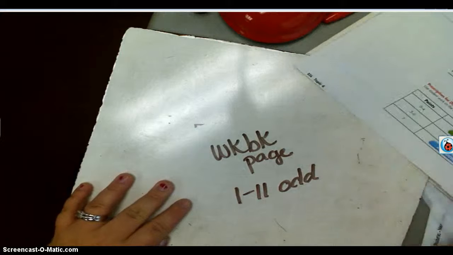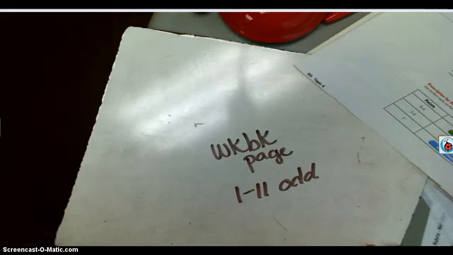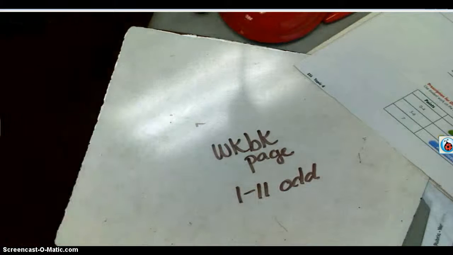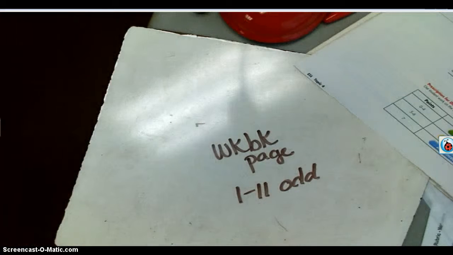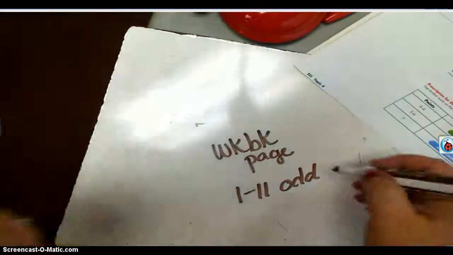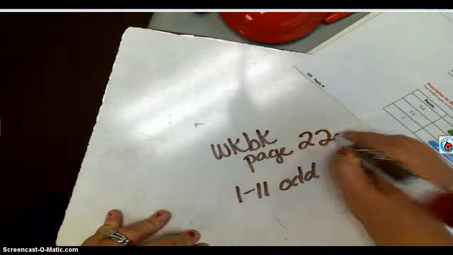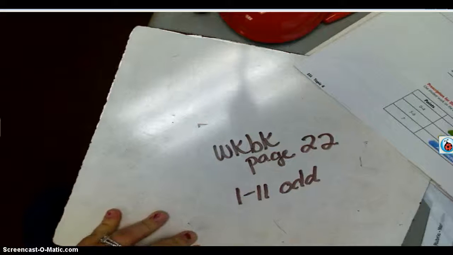We're doing the opposite operation. And that is the page. Workbook page 22, 1 to 11 add-ons.